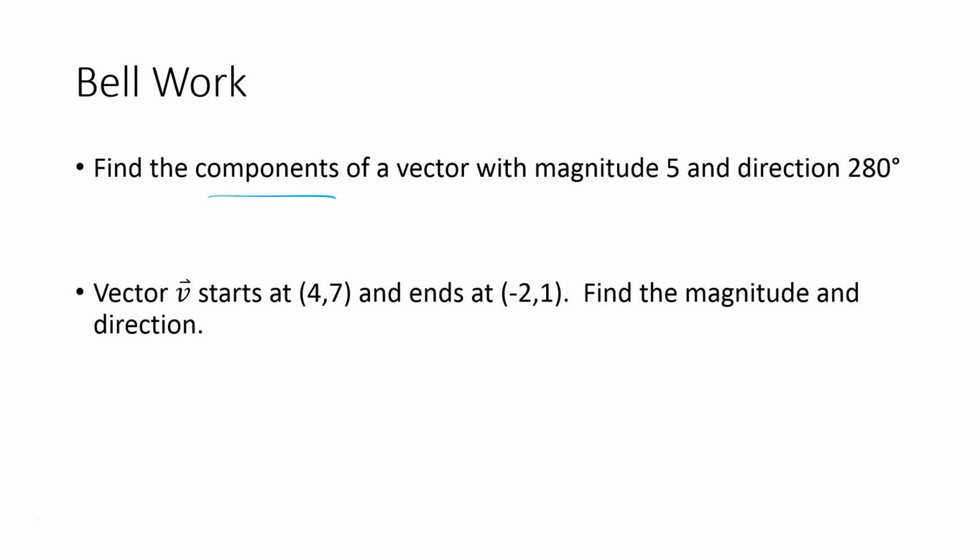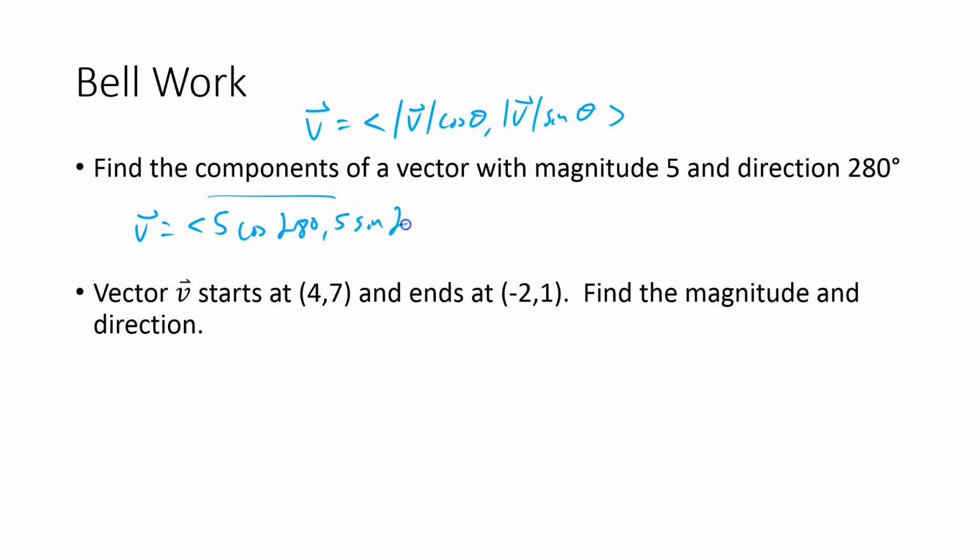All right, so the first one, remember that any vector v, the components of it can be gotten by magnitude of v times cosine theta, and then magnitude of v times sine theta. So we're just going to do that and use our calculator. Magnitude 5, direction 280. v is going to be 5 cosine 280, and then 5 sine 280.